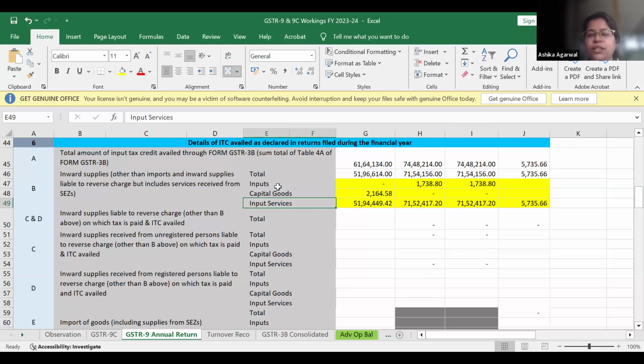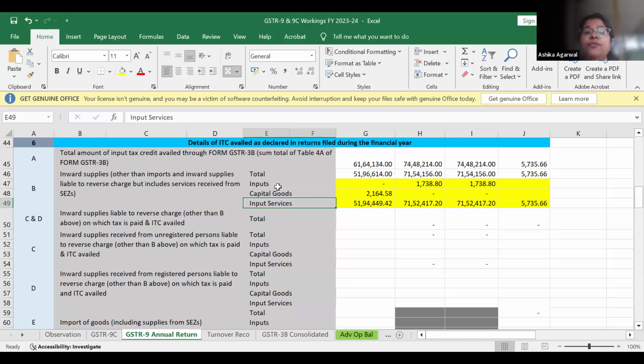Apart from that, if there is extra RCM liability or import of goods or import of service, because import of service will not be captured in GSTR-2B, and for import of goods also there was some technical problem, all data were not getting properly auto-populated. But 2B was the base. Based on 2B, if out of that ITC I am not claiming or I am parking temporarily, I was required to report it in 4B2.